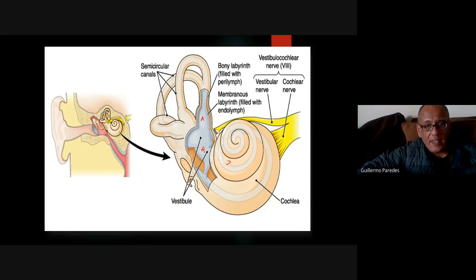So what is inside of this inner ear? In the inner ear, we have fluid. It's called the endolymph.